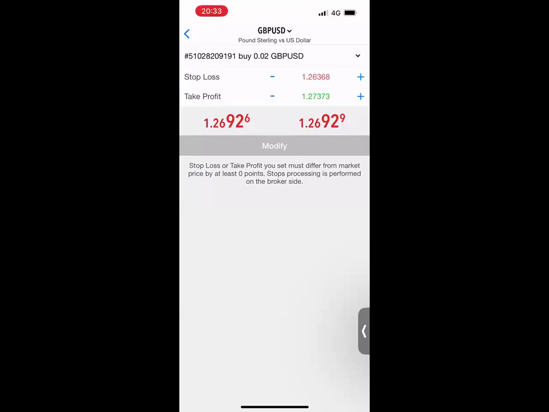20+ pips, like the educator was telling us, is already $4+ because we are trading with the mini lot of 0.02. So that's already $4+ or £4+ or €4+, depending on the currency you're trading.